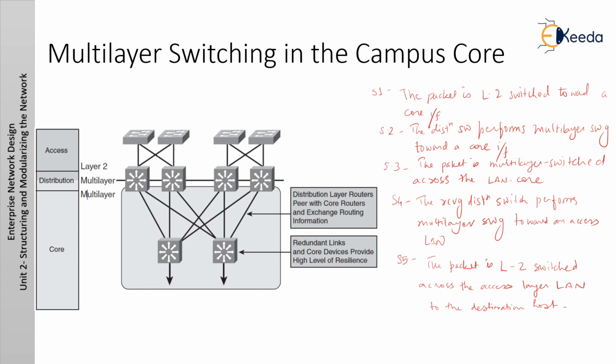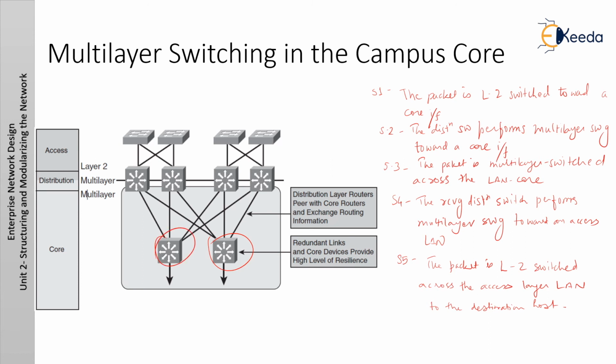This diagram shows multi-layer switching in the campus core. Implementation of this can be done with the help of multi-layer switches at the distribution layer and core layer also. Distribution layer routers peer with core routers and exchange routing information, and redundant links and core devices provide a high level of resilience. So here redundant switching is also there.